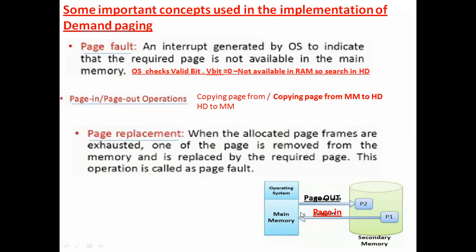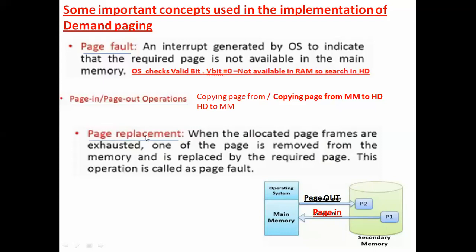If the process is leaving the main memory and going into the hard disk, that refers to page out. And if the process is coming from the hard disk into the main memory, that we call the page in operation.